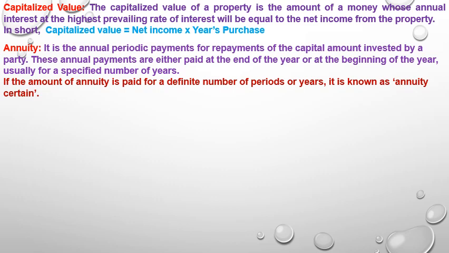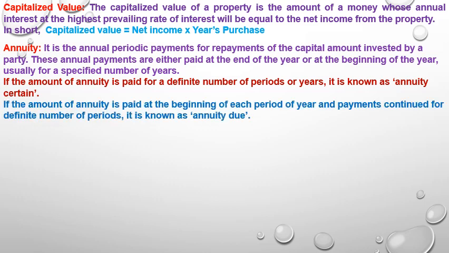If the annuity is paid for a definite number of periods or years, it is known as annuity certain. If the annuity is paid at the beginning of each year and the payments continue for a definite number of years, it is known as annuity due.